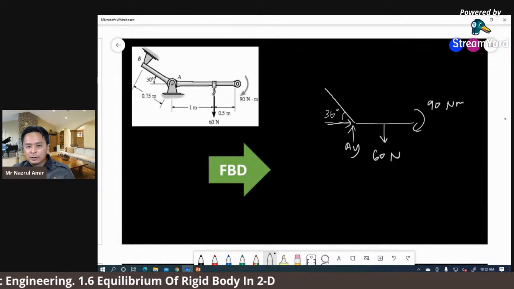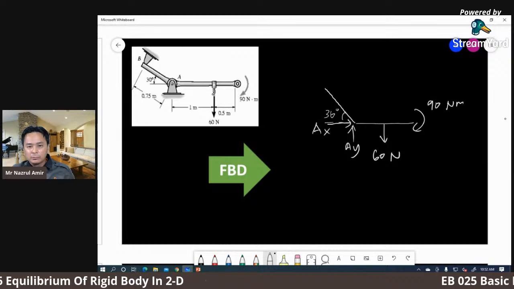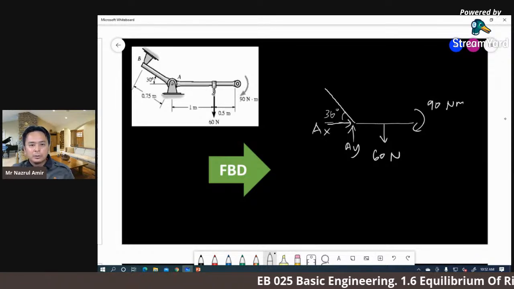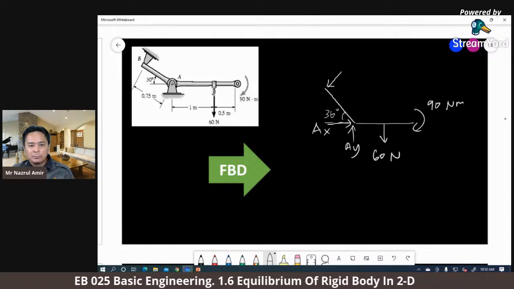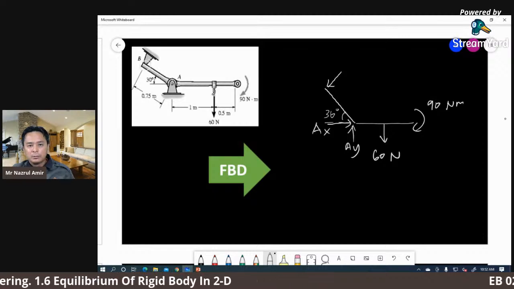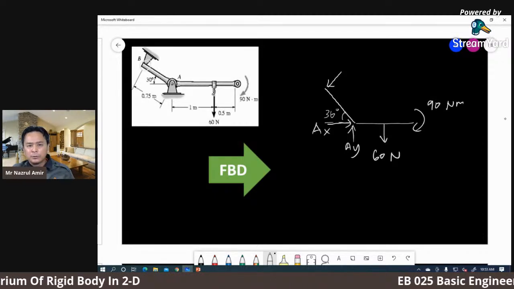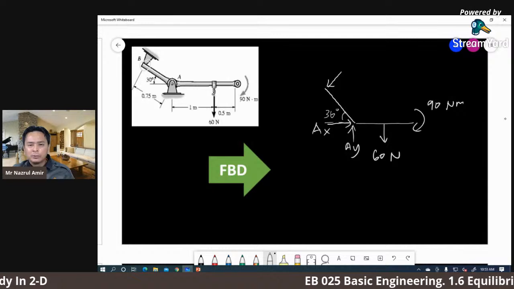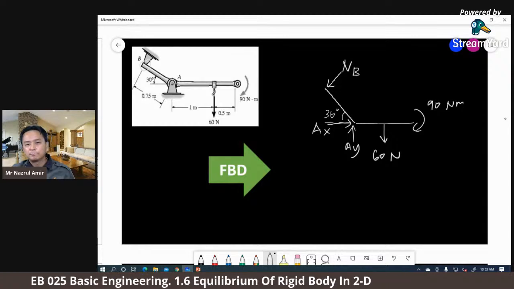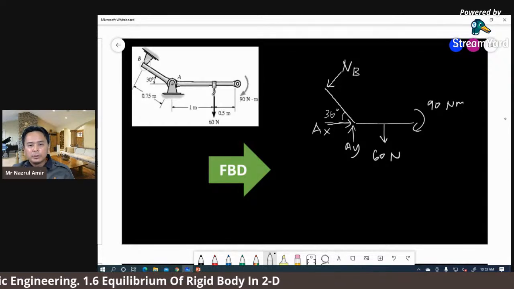Don't want to waste any time, just assume the X to the right. Okay, I don't want to analyze like before. Okay, here is the normal force of B, normal to the plane. So we label here with force B or normal B. Okay, depends. So I want to use normal B. So point A, and then we include the dimension.